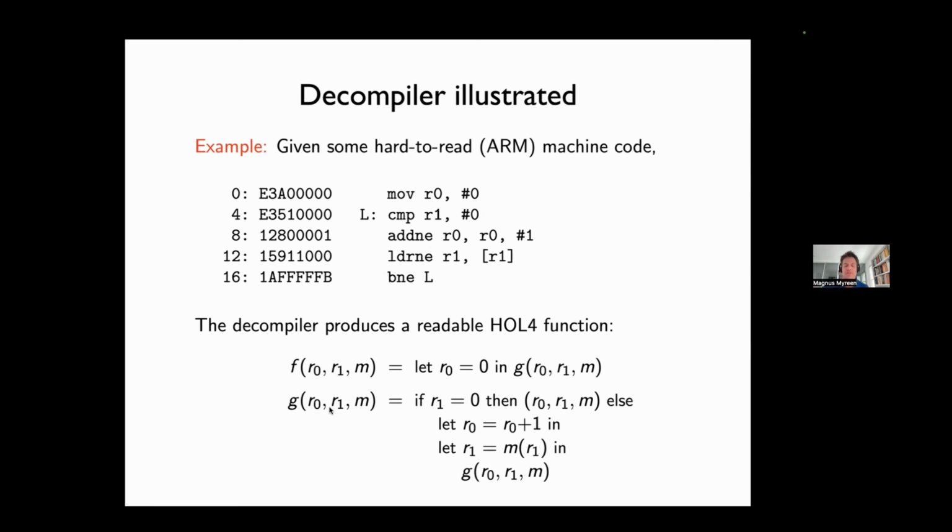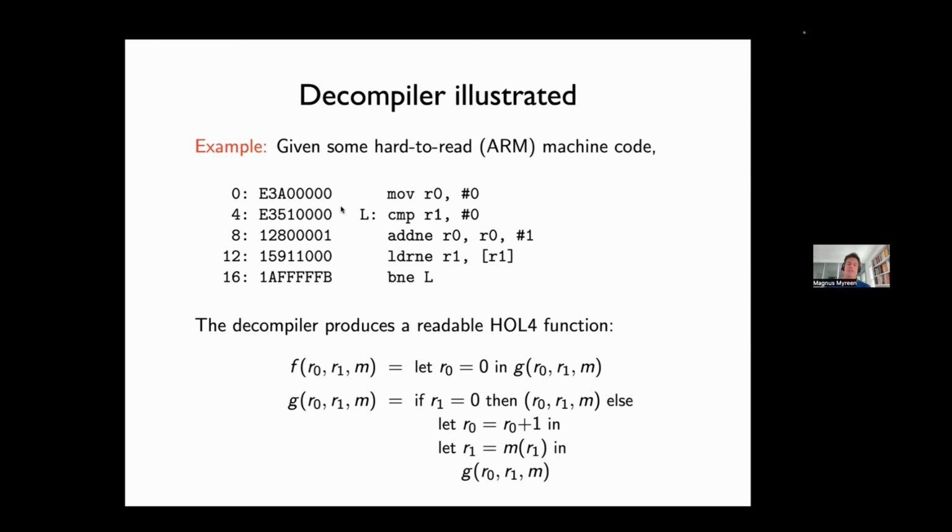So that's why this function G just returns. If not, then you go into the else branch and you add 1 to R0. That's the add. Then you load memory from R1 into R1, and that's this line. And then here in the machine code or assembly, you can see that the loop starts again. It jumps up here.